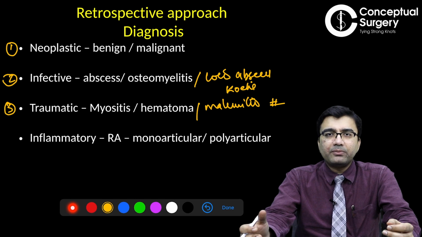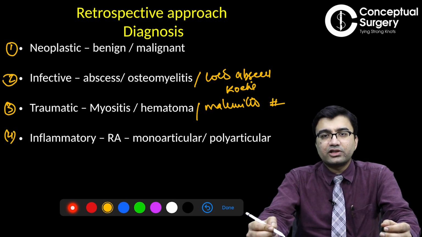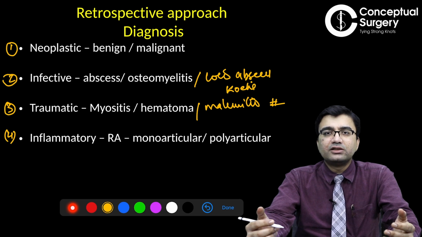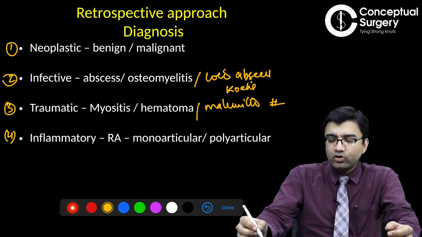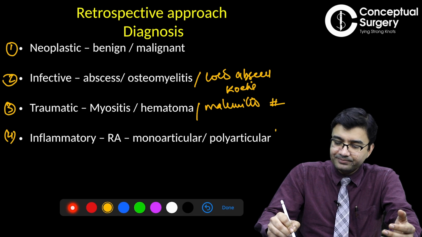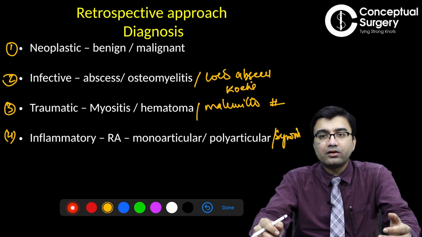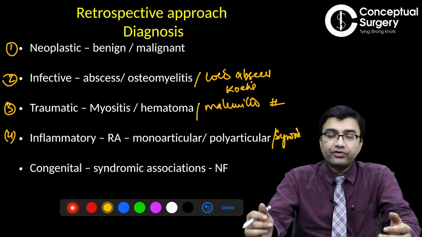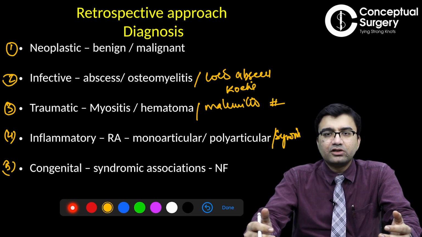The fourth common type of etiology which presents with a swelling is inflammatory. The common ones, which mimic a tumor-like condition, may be monoarticular rheumatoid arthritis. Sometimes it may also be synovitis. And the fifth cause of swelling may be congenital.